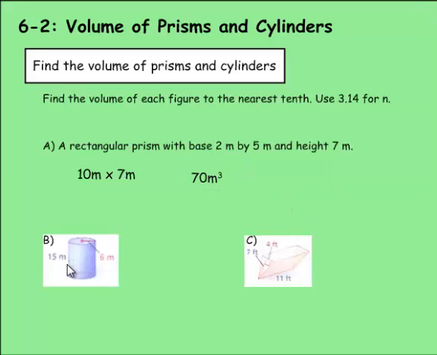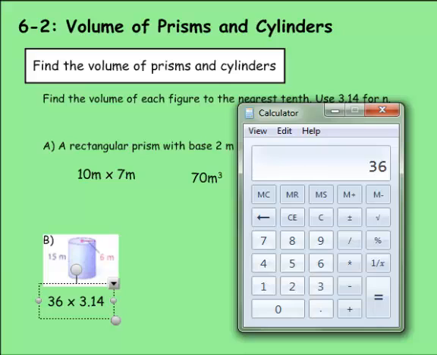Now let's solve this one. This is a cylinder, so the base would be the circle, and it gives us the dimensions of this circle in a radius. So the area of this circle, if you remember our last lesson, is radius squared times pi. So radius squared, or 6 squared, is 36. So 36 times 3.14 is 113.04.